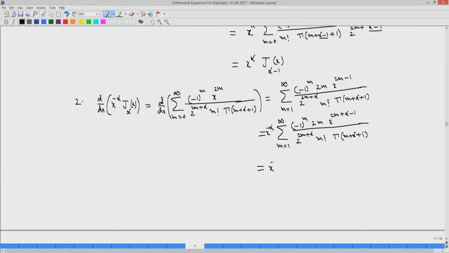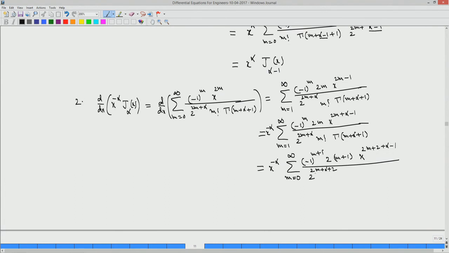So, now you change the index. If you replace m with m plus 1, it will become the sum over m from 0 to infinity of minus 1 power m plus 1, 2 into m plus 1, x power 2m plus 2 plus alpha minus 1, divided by 2 power 2m plus alpha plus 2, because 2m plus m equal to m plus 1.